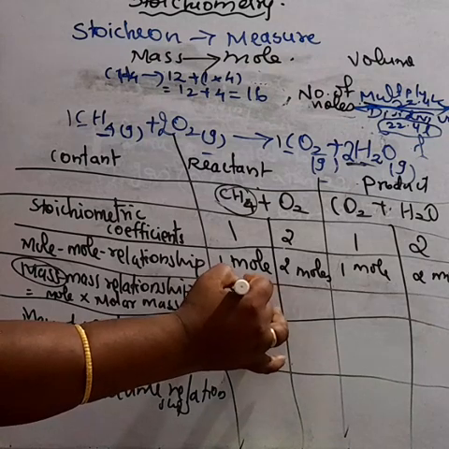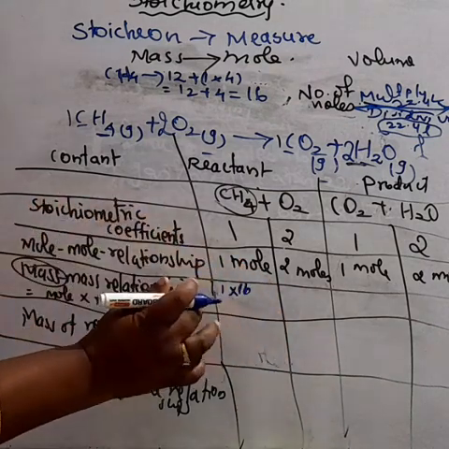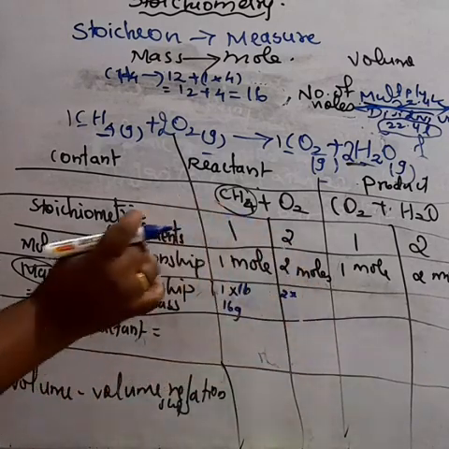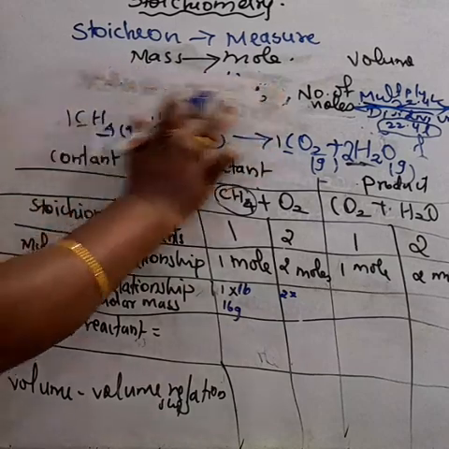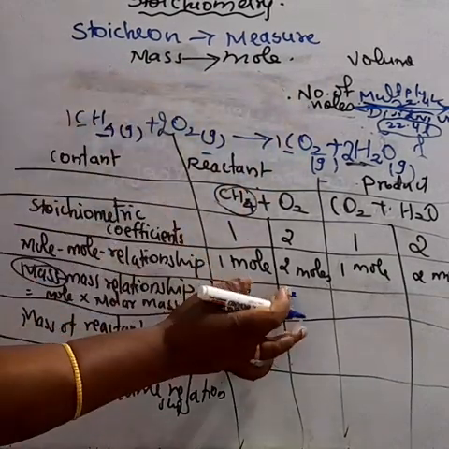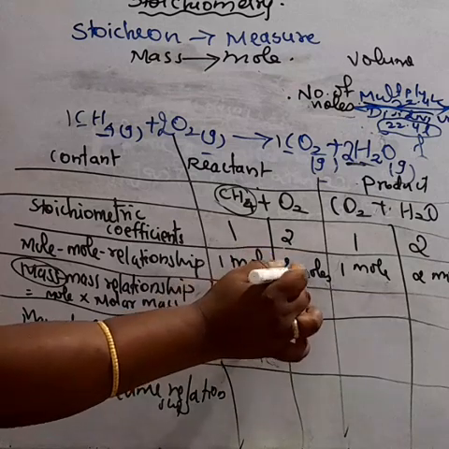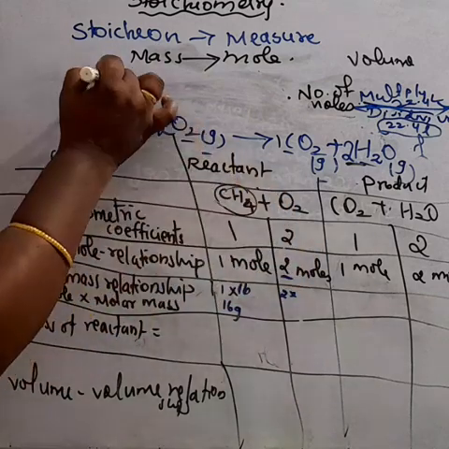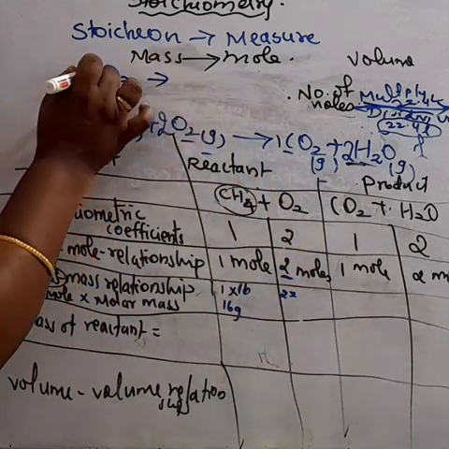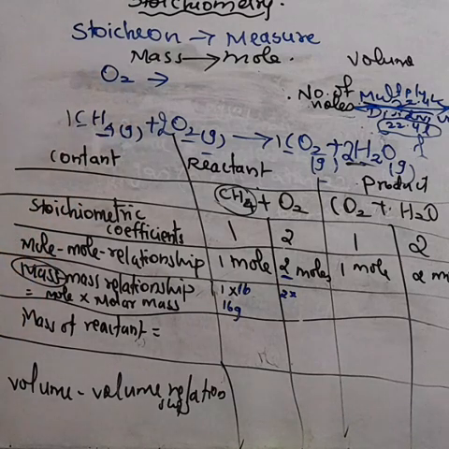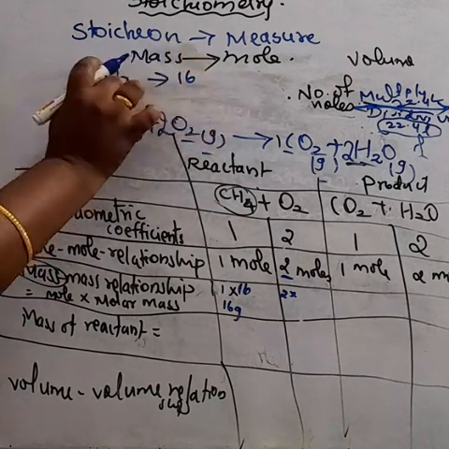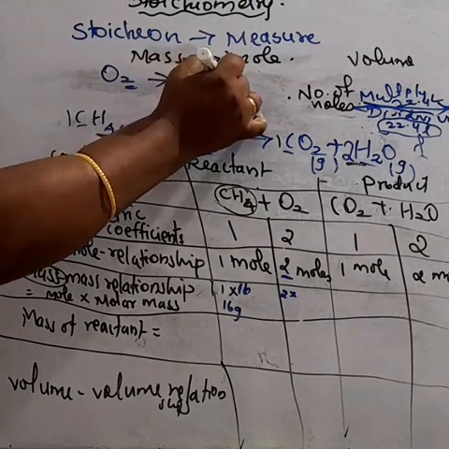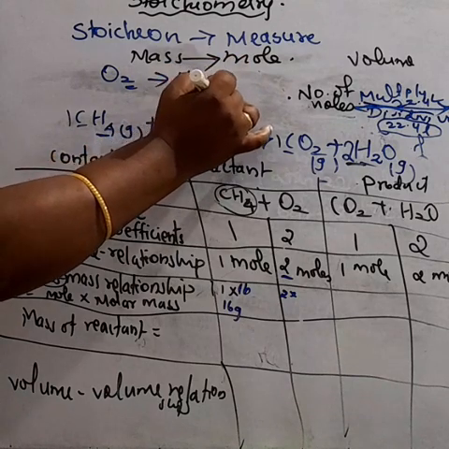But for oxygen, the number of moles here is 2 moles. So what is the mass? How do we get the mass of the oxygen molecule? Number of moles into molar mass. Number of moles 2, and the oxygen atomic mass is 16. How many oxygen atoms are in one oxygen molecule? 2 oxygen atoms, so 16 into 2, we get 32.